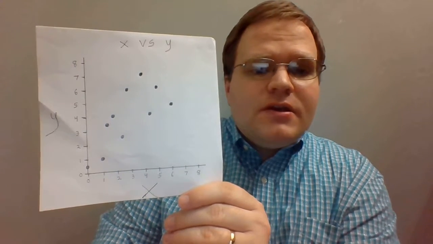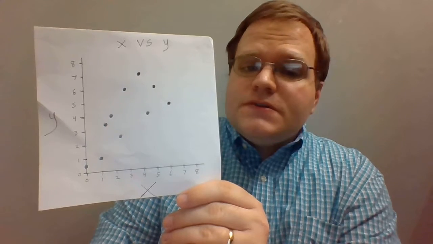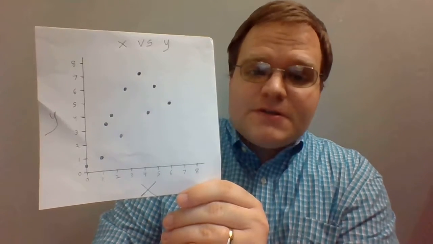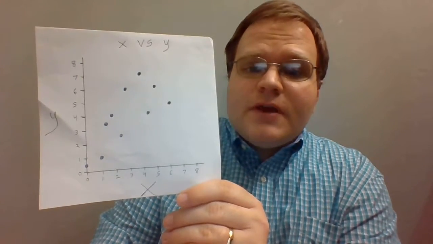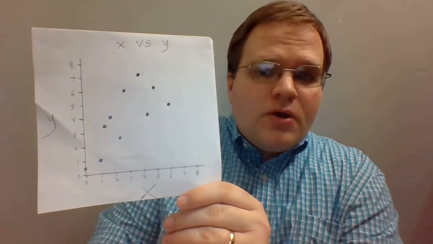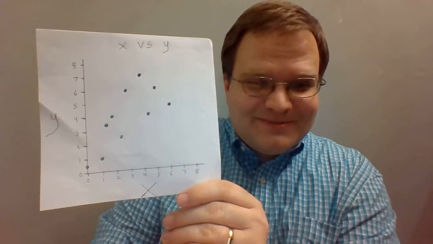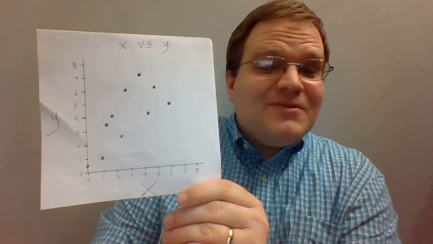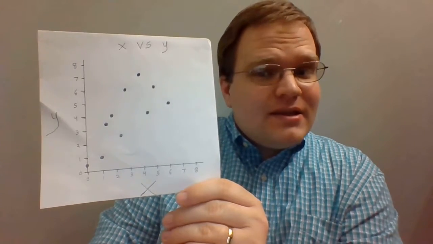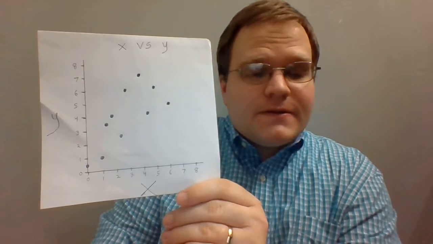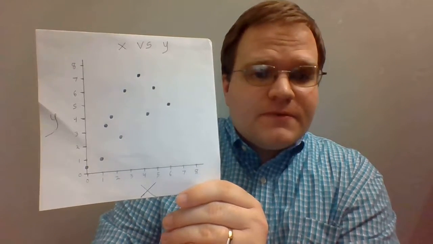So, section D here, from this information, we do not have evidence of causation. We only have evidence of association. We have no proof in this data set that anything X is doing is causing a response in Y or vice versa.